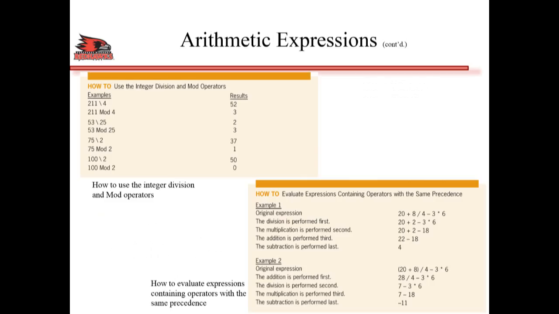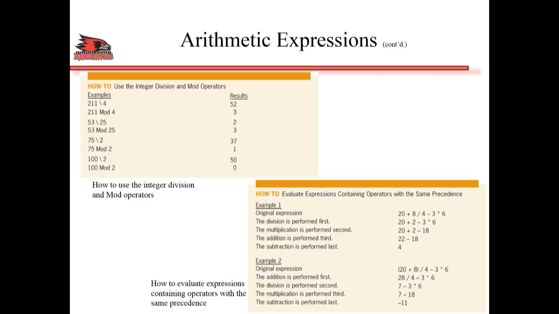So some examples of the integer division and the mod operators. So 200 integer division 4 gives you 52. Your actual answer for division would be something like 52 point 75. So that 0.75 part goes away.